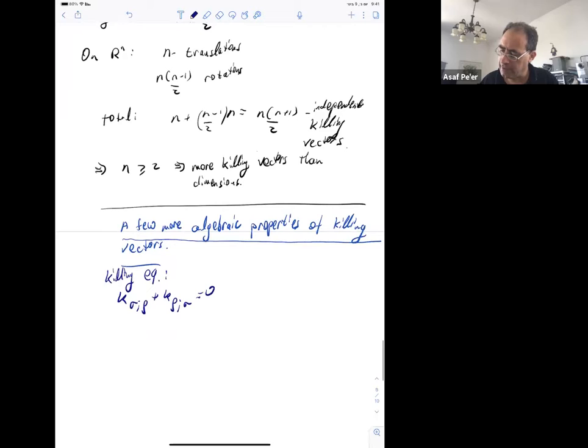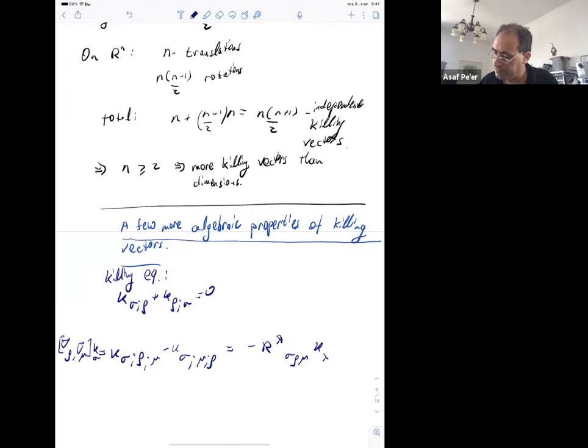In other words, nabla rho nabla mu K sigma minus nabla mu nabla rho K sigma is equal to minus R lambda sigma rho mu K lambda. We derived this equation when we did the curvature. This is true for any vector, not necessarily a Killing vector. It is a general property of the Riemann tensor.